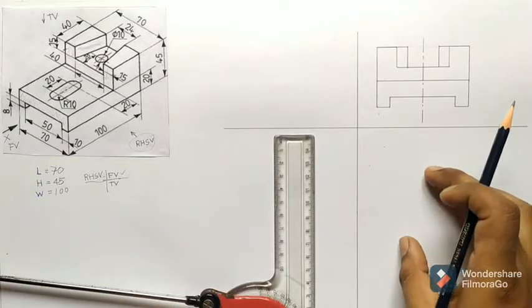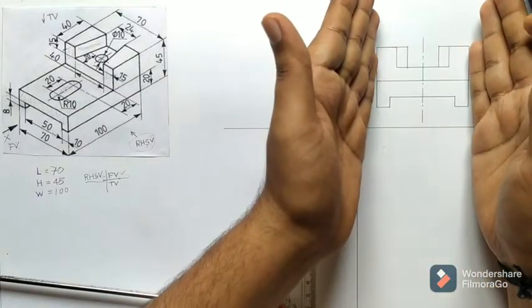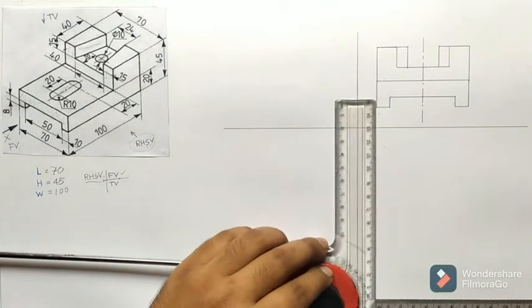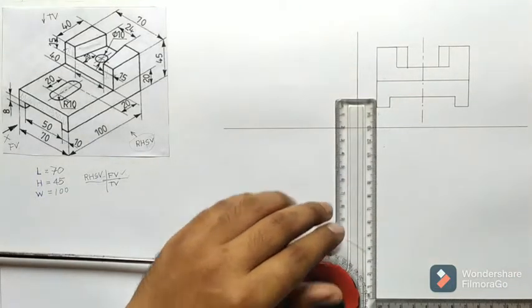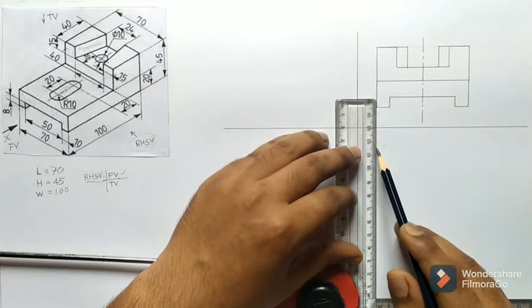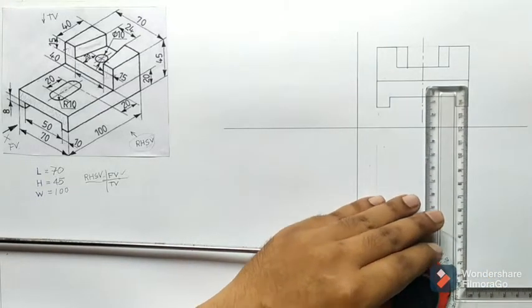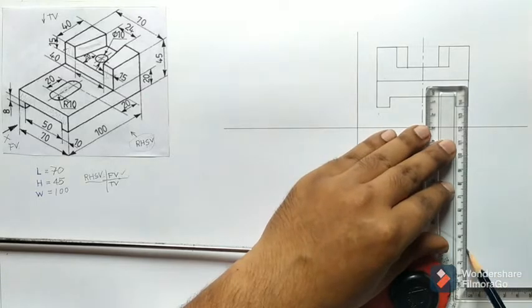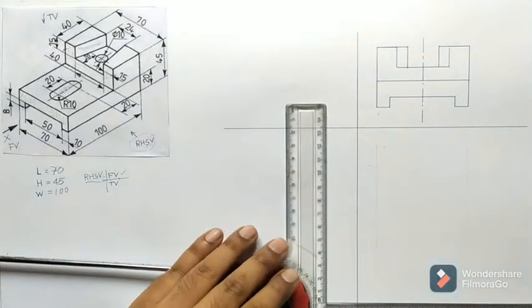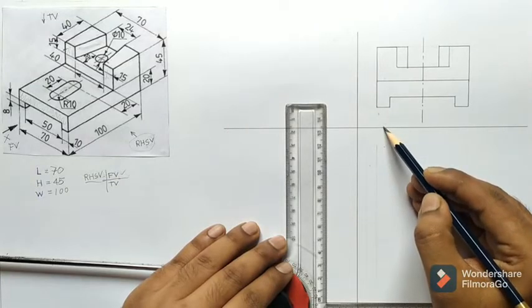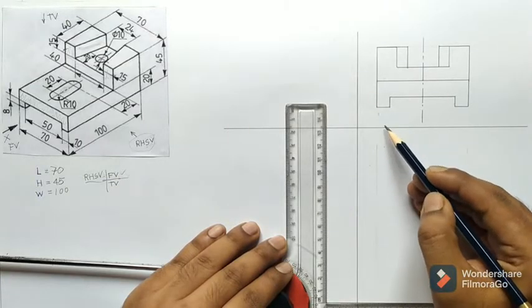Now to complete the top view we need to project the end lines of the front view. So I will project these lines. Projections should be faint enough. Right? Now here it is 15 mm distance. I keep it blank.